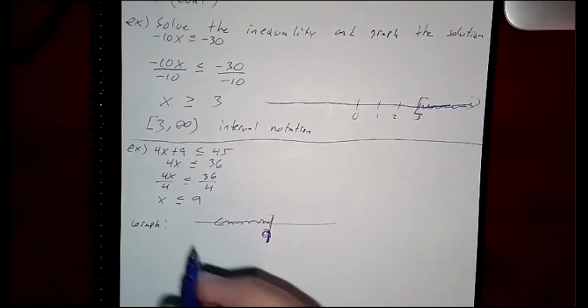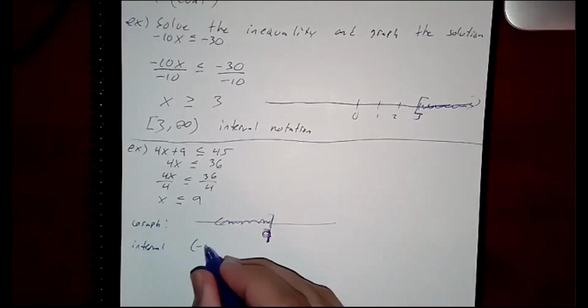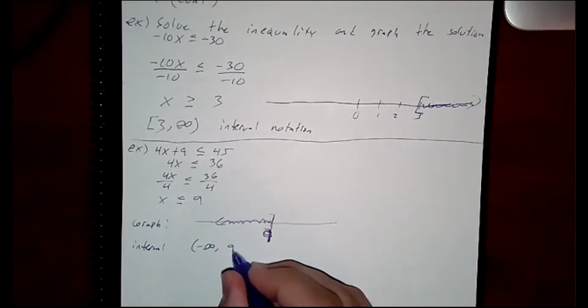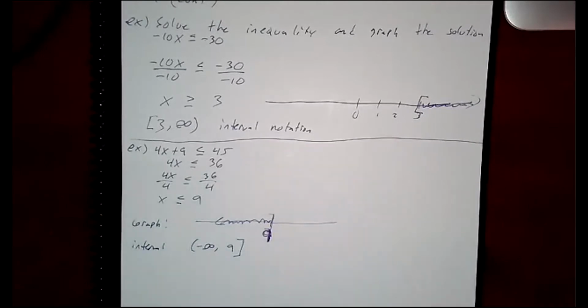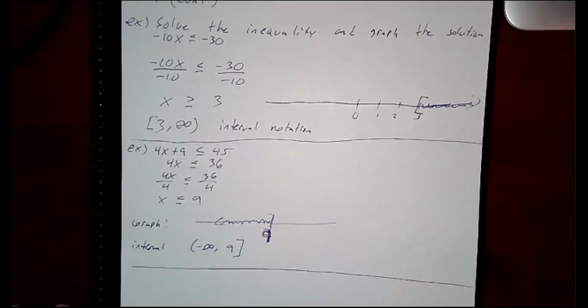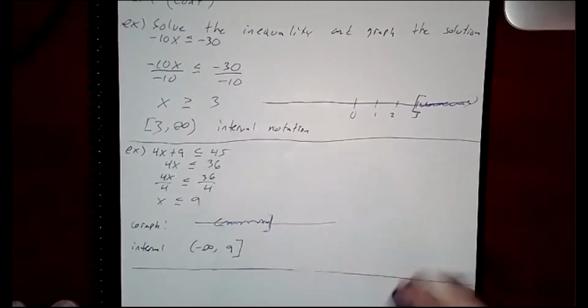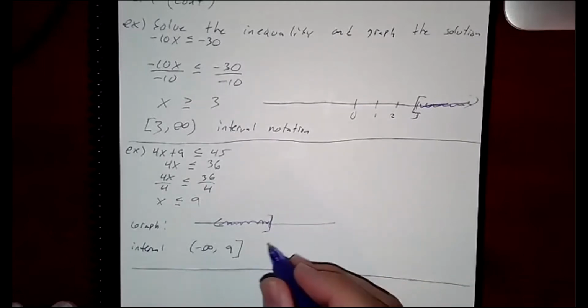So the interval would be negative infinity all the way up until 9 with a bracket. There we go.